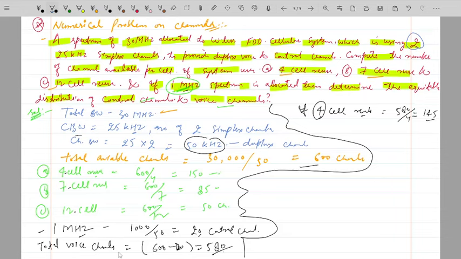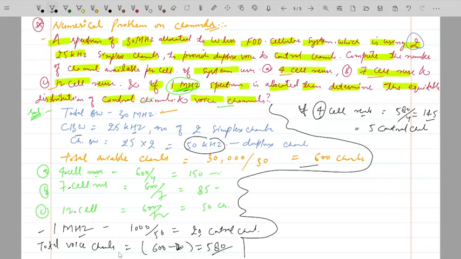So 145 voice channels will be used for this 4 cell reuse, and the other 5 are the control channels. So in the 4 cell reuse, in total we will get 150 channels.